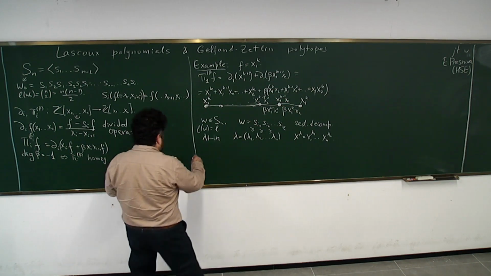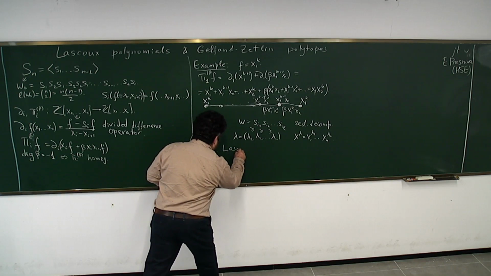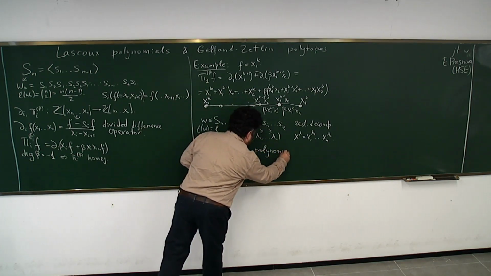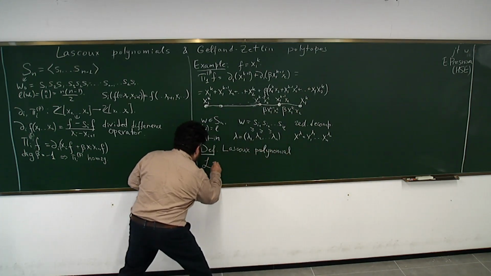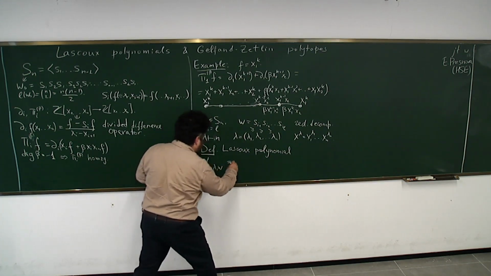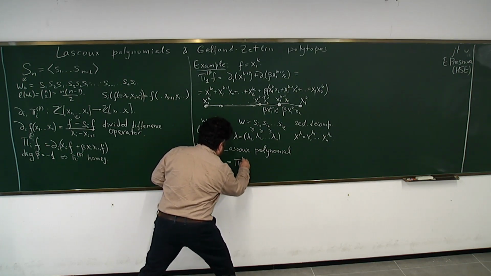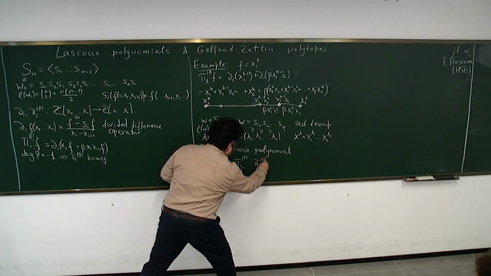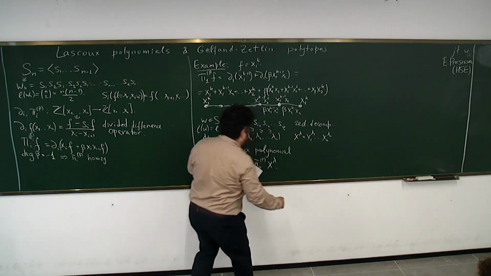So anyway, the definition: the Lascoux polynomial L lambda w is defined as follows. We take pi beta i1 through pi beta il applied to x to the power lambda.